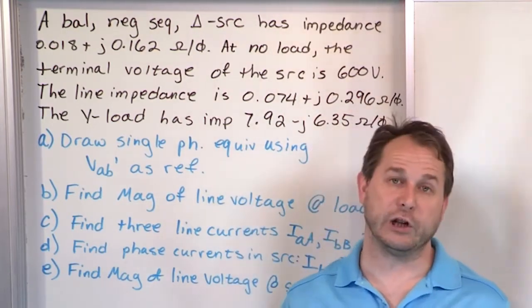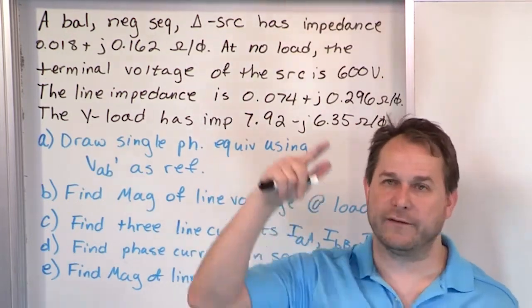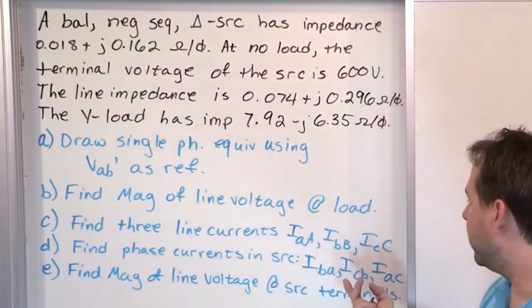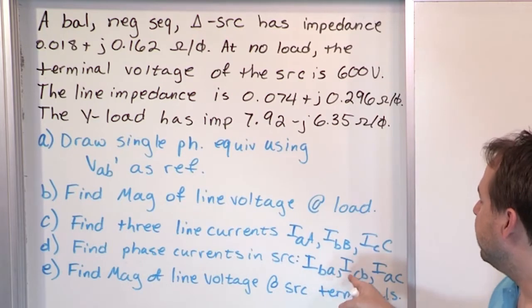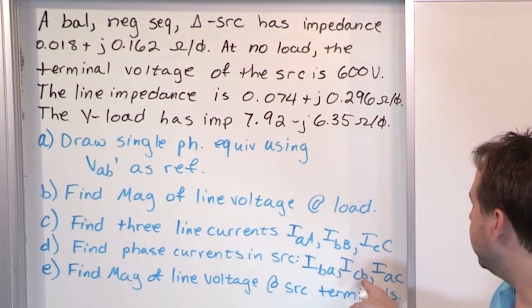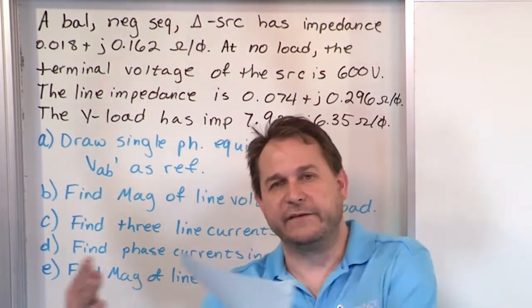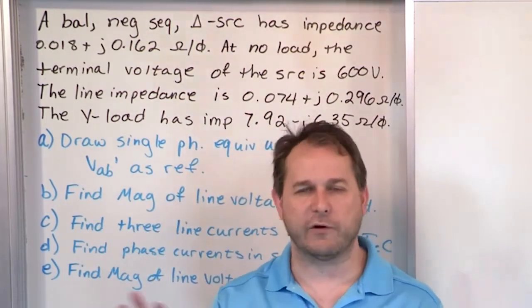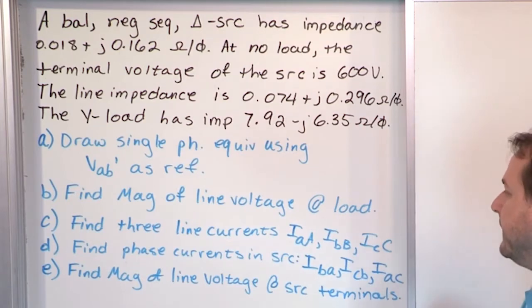Usually, for a load, it's AB, BC, CA, going like the alphabet. But on the source side of the circuit, we flip these subscripts around. So for the A phase, instead of AB, we're trying to find BA. Instead of BC, we find CB, and instead of CA, we find AC. That comes about because this is a source, so the current has to be leaving the power supplies, and we'll draw a picture and you'll see in a second. But that's why these subscripts are backwards from what you might expect.